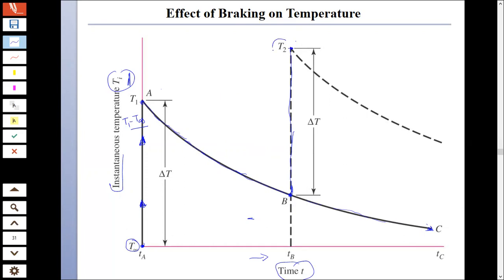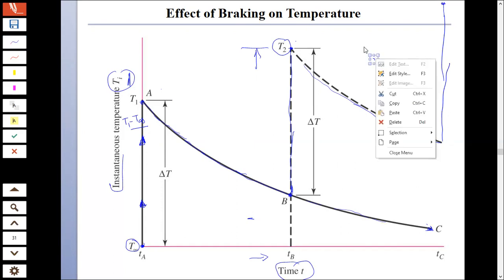So you will reach another temperature, and there is again a temperature rise, and there should be some heat transfer till you apply another brake. But if you keep on applying brakes, the temperature of the brake or clutch is going to go up and up and up, and it might reach such a value that the brake or the clutch is going to cease, or it will not perform its function.